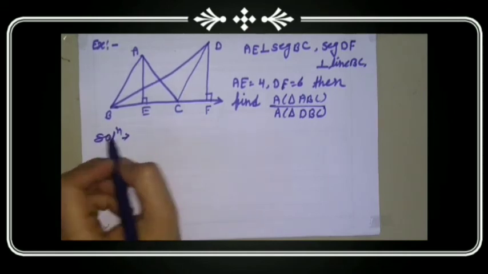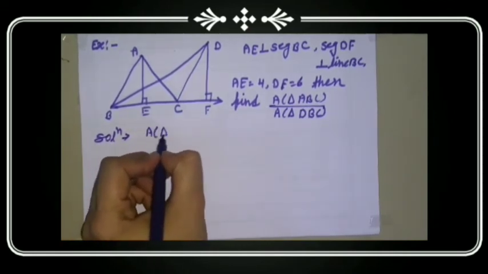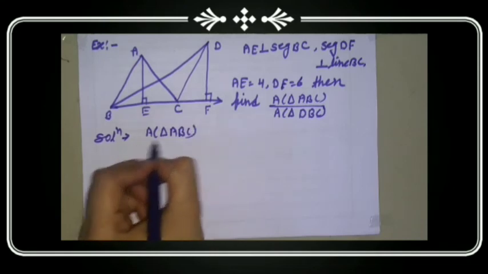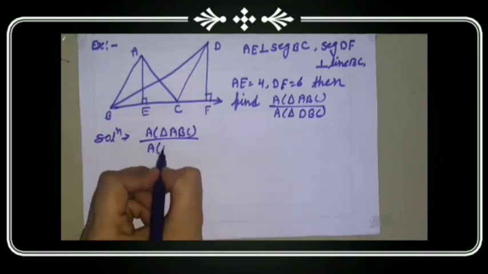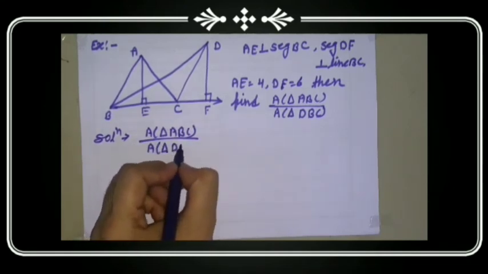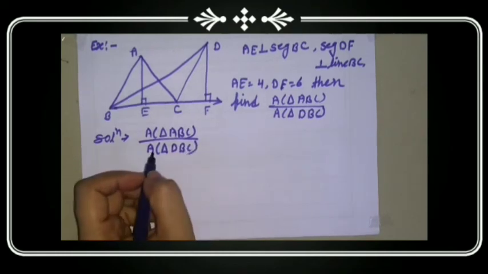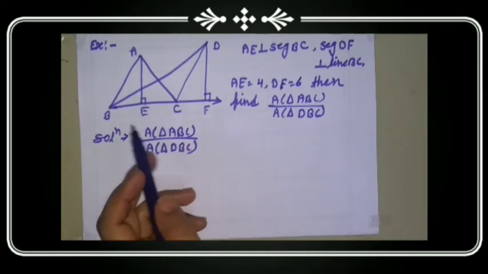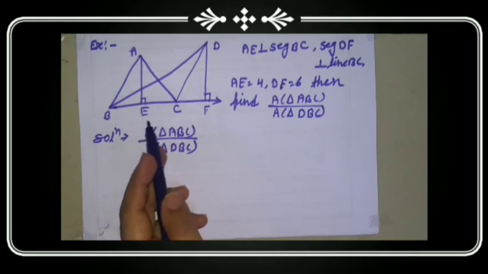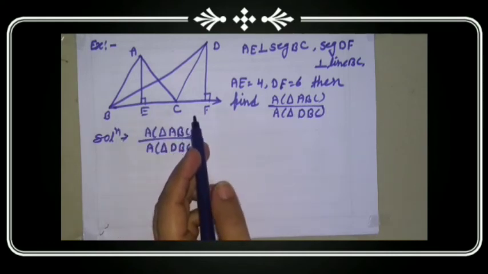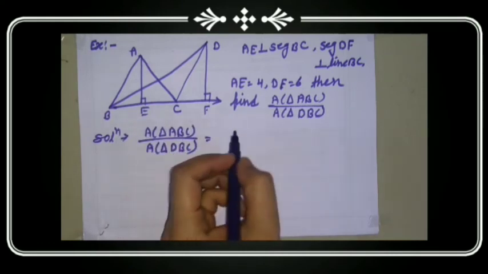Solution: area of triangle ABC divided by area of triangle DBC. In this figure, bases are equal, hence area proportional to heights.